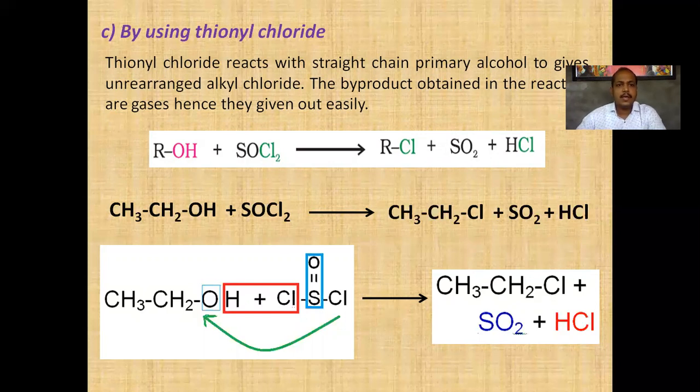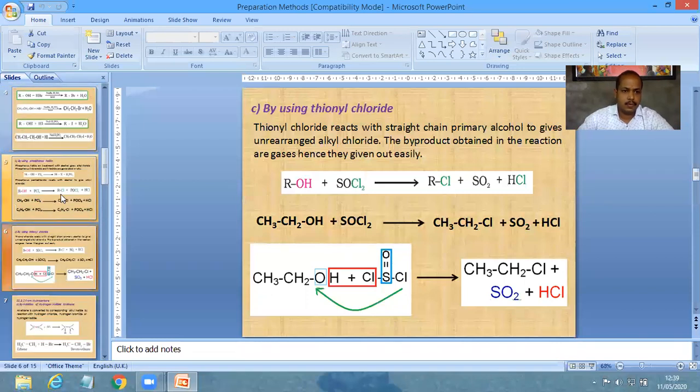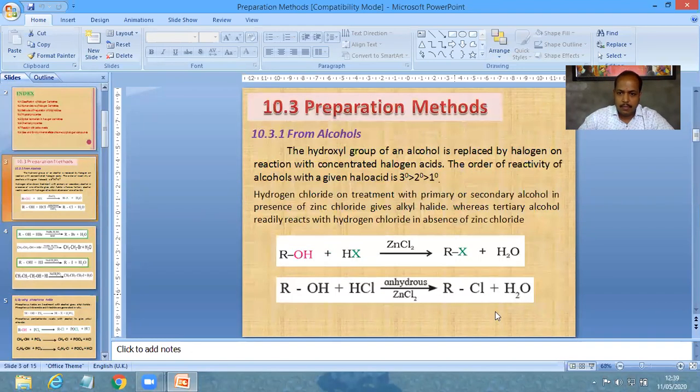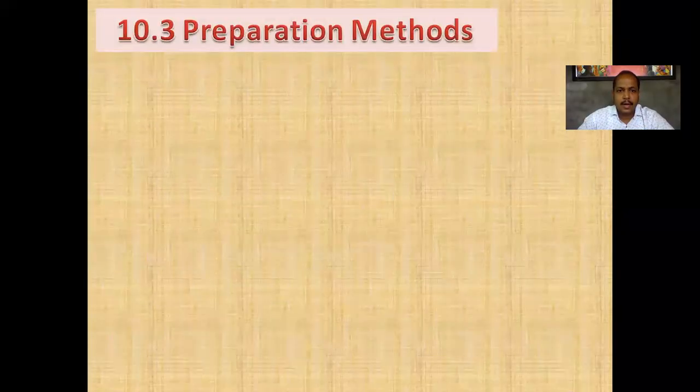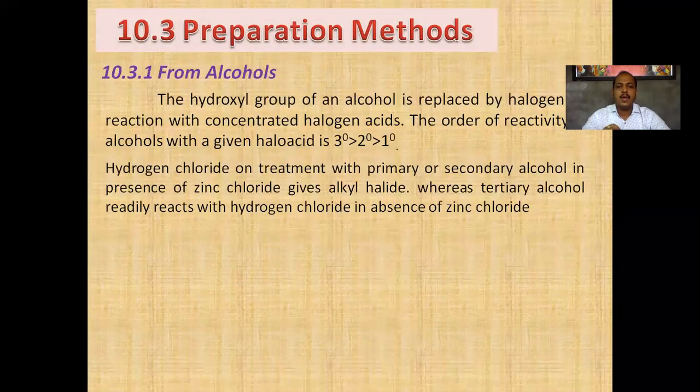Now we see one by one again. The first method is from alcohol, in which we react the alcohol with halo acid.